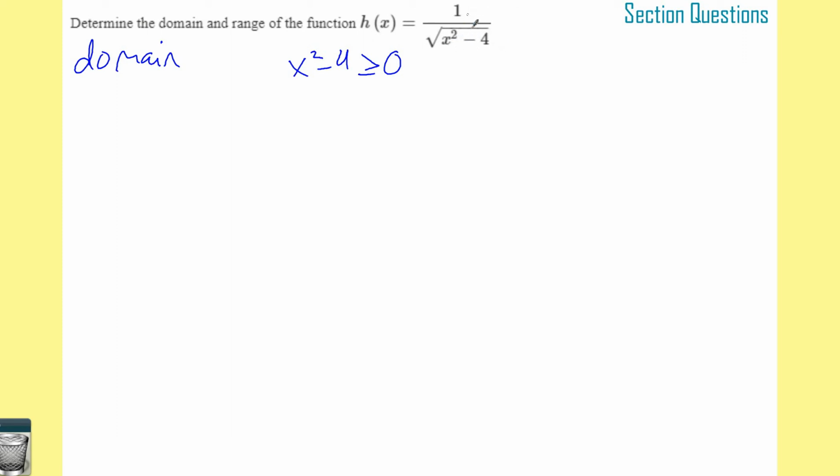However, because it's a fraction, I can't have it be 0, right? I cannot do 1 over 0. So I need to eliminate this. So it needs to say greater than 0.